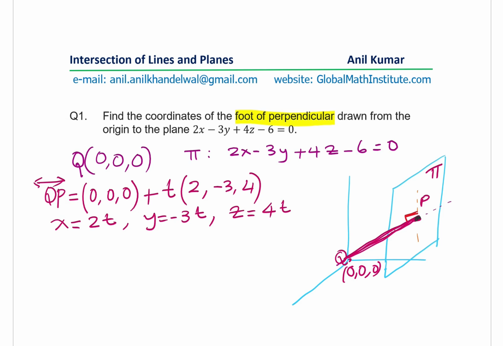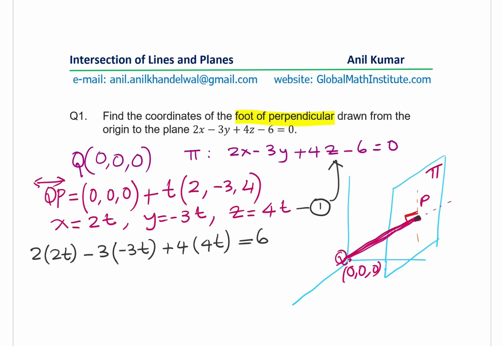So we'll substitute this value in this particular equation, correct? So what we get here is 2 times the x value, which is 2t, minus 3 times the y value, which is minus 3t, plus 4 times the z value, which is 4t, and we'll take 6 to the other side, equals 6, correct?